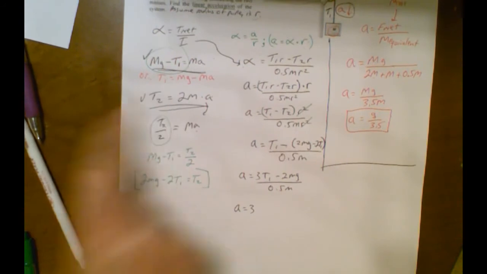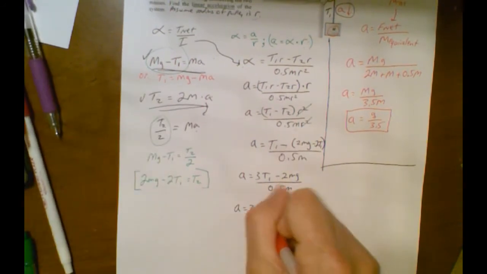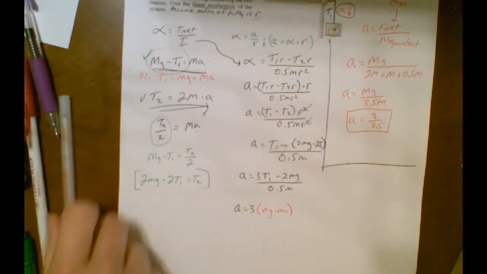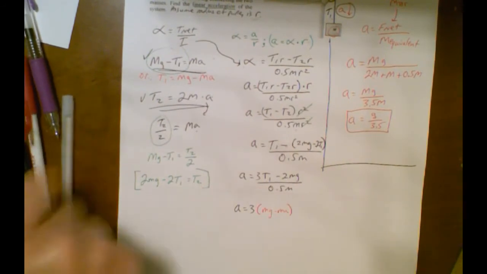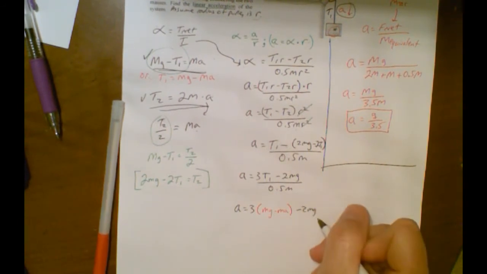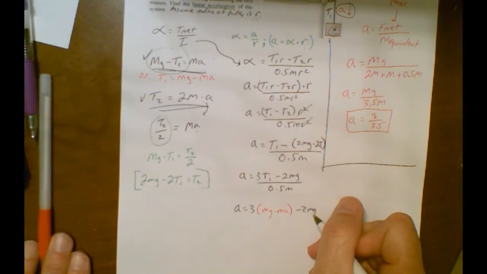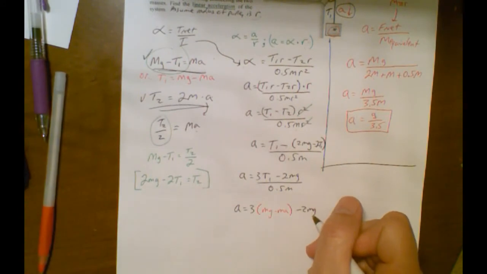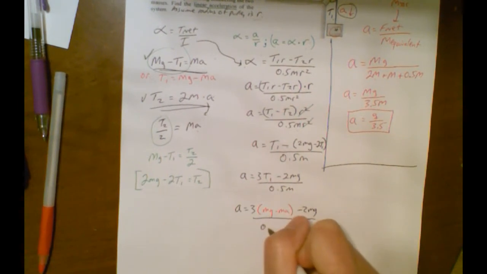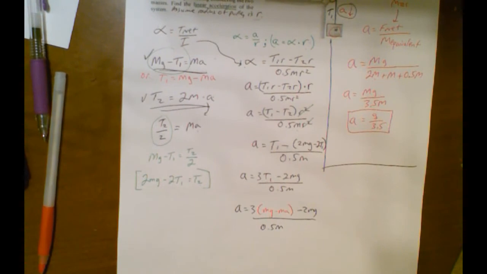Because I did it in red up here, I'll do it down here. mg minus ma, minus 2mg over 0.5 m. All right, got a lot of m's. I'm pretty sure I'm going to be able to cancel some things out there.